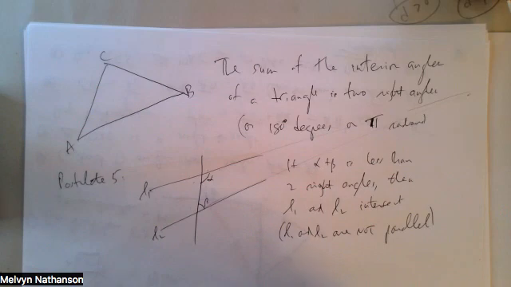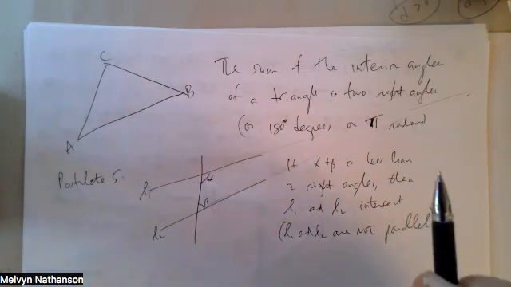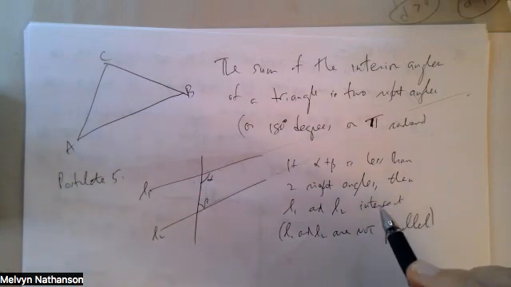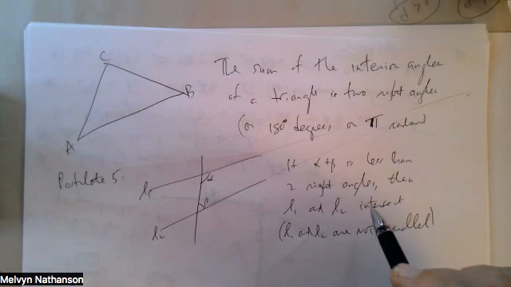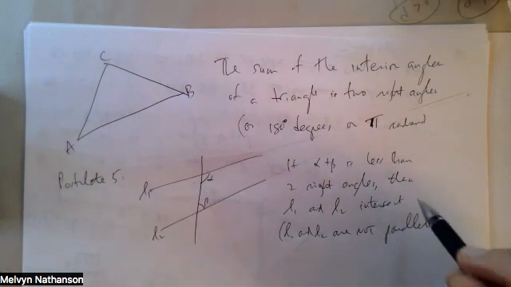Now, many people, the Greeks and many people for 2,000 years afterwards, thought this was more like a theorem than a postulate. And one thought that it should be able to prove this just using everything else from plane geometry.